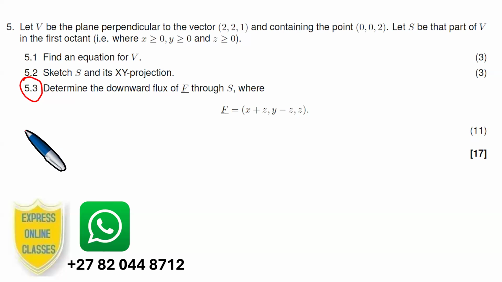So the question is, what do we have here? Okay, let us determine the downward flux together. How do we find the downward flux? That is the question.